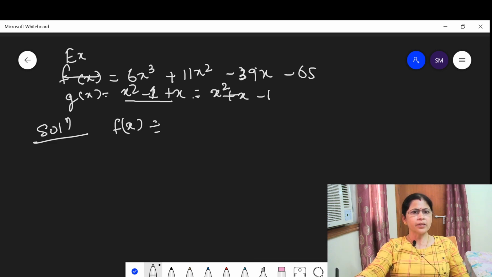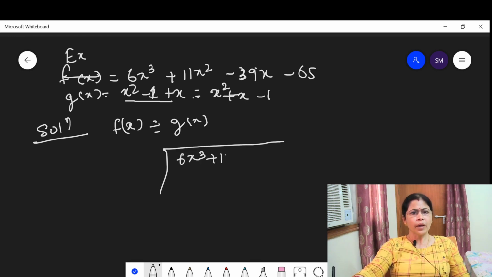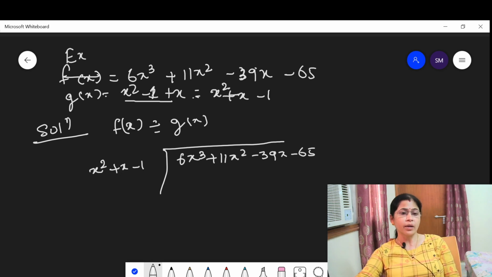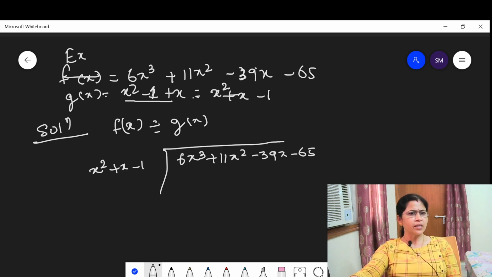Divide f(x), 6x cube plus 11x square minus 39x minus 65, by g(x), x square plus x minus 1. To get 6x cube, at first we write 6x.